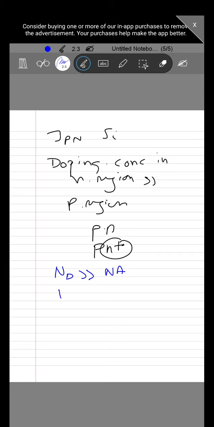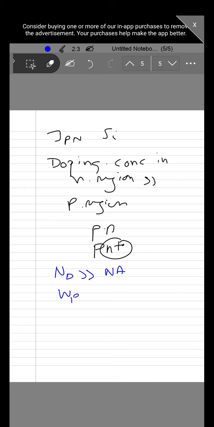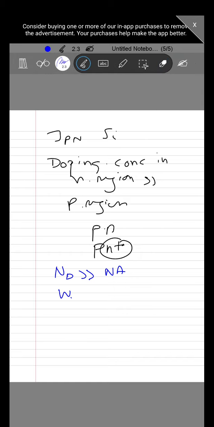From the relationship Wp Na and Wn Nd, Wn Nd is equal to Wp Na. So Wn by Wp is equal to Na by Nd.